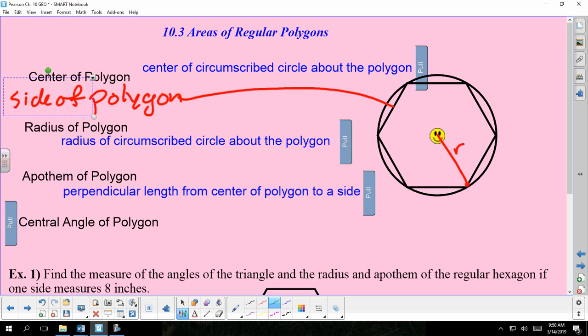And we're going to use baby a to denote the apothem, that perpendicular length from the side to the center.